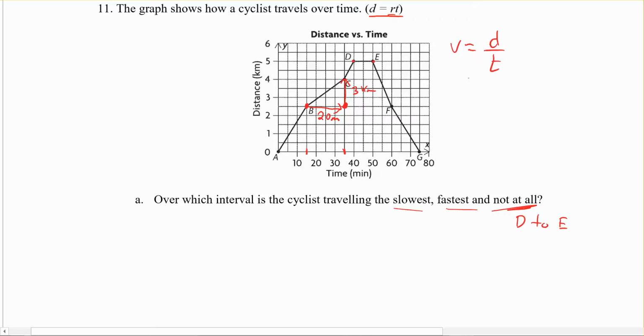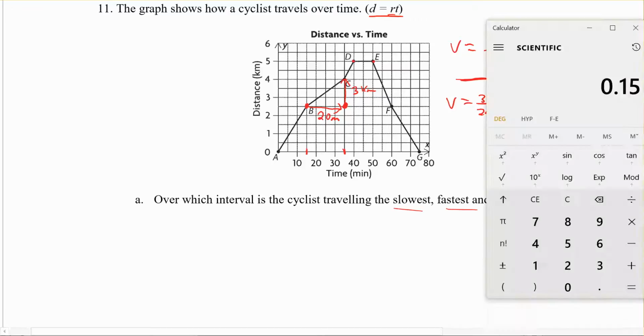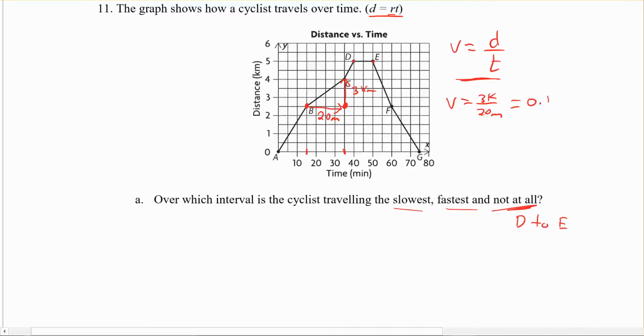If we relate this to our formula we have over here, the velocity at that point is going to be 3 kilometers over 20 minutes, which is equal to 0.15. Well, that should have been kilometers per minute.